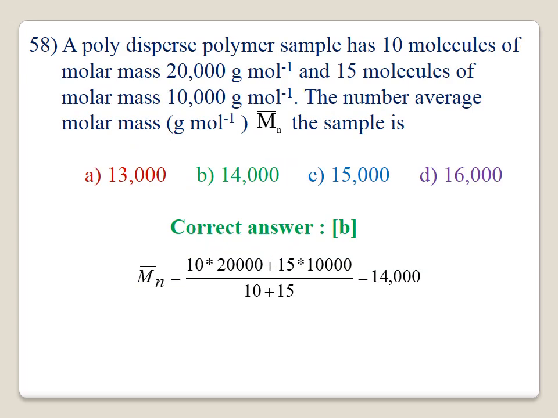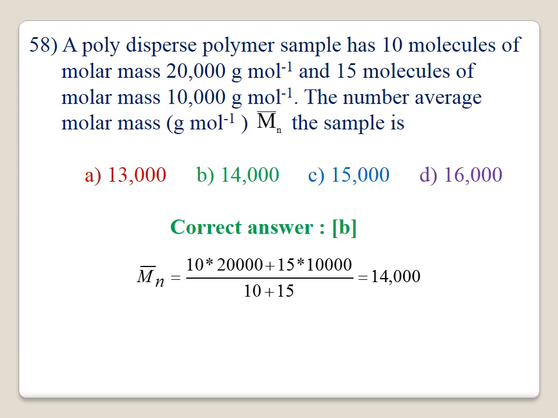58. A polydispersed polymer sample of 10 moles of molar mass 20,000 gram per mole and 15 moles of molar mass of 10,000 gram per mole. The number average molar mass Mn of the sample is. It is a very simple formula we have already discussed.